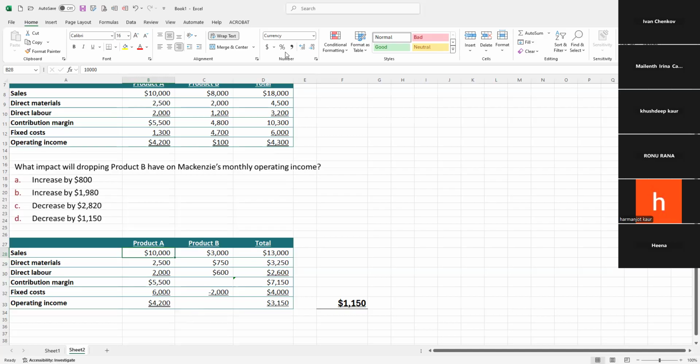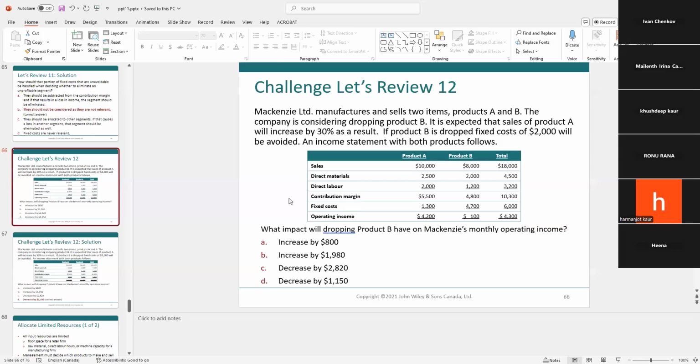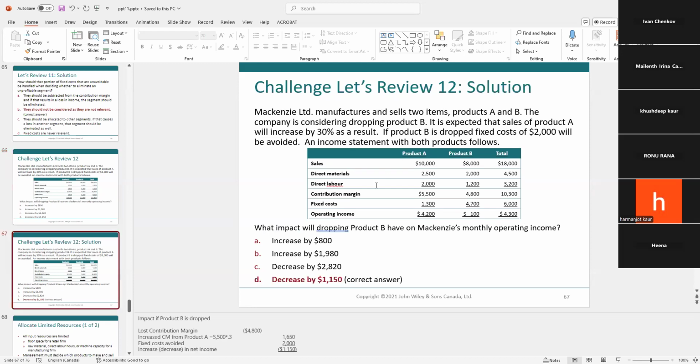Yes, Professor. Okay, let's go back to the slides. So in this case, the correct answer will be D. If that happened, with product A, with product B, we're gonna generate $4,300.